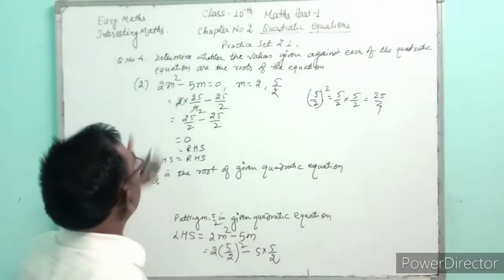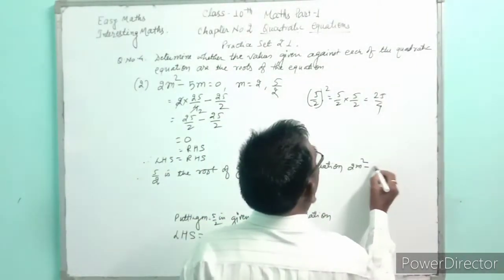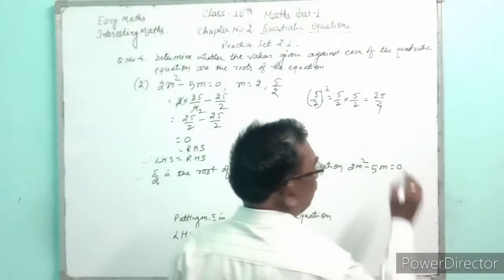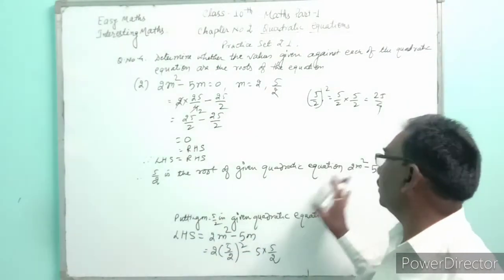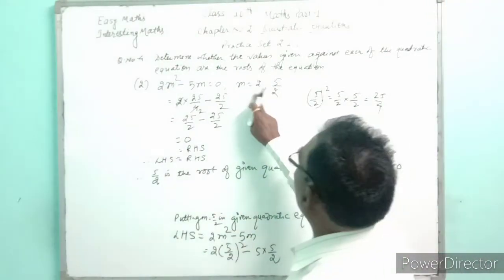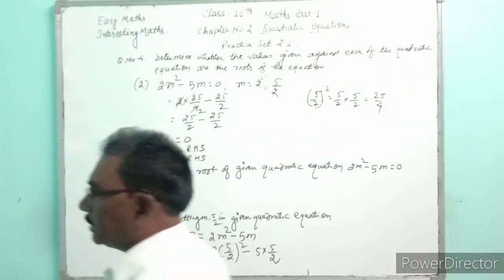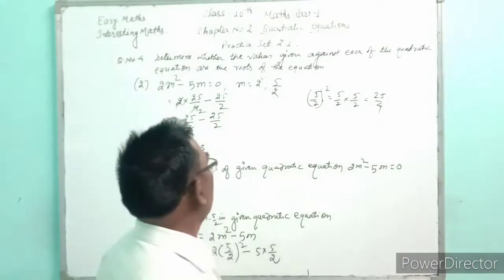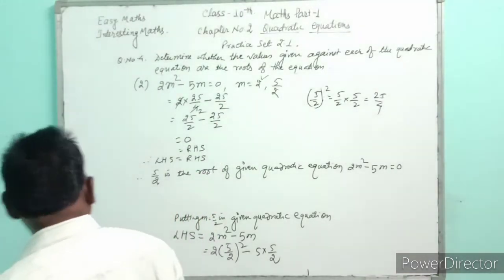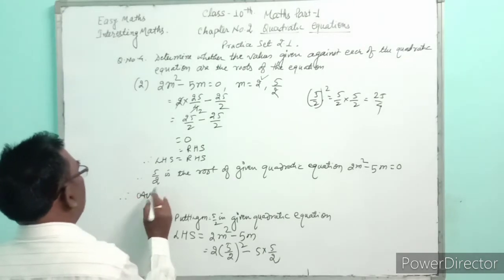The quadratic equation is 2m square minus 5m is equal to 0. This is the given quadratic equation, and 5 upon 2 is the root of it. So, out of two values, one value m is equal to 2 is not a root, and another value 5 by 2 is the root of the given quadratic equation. Answer.